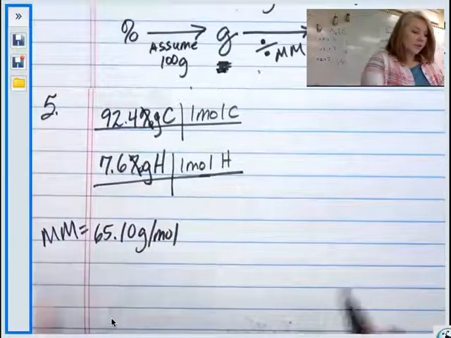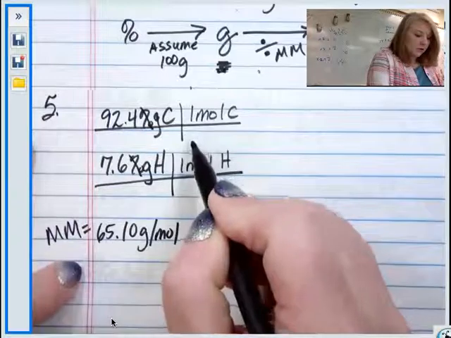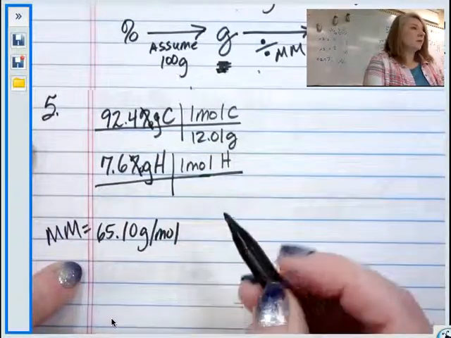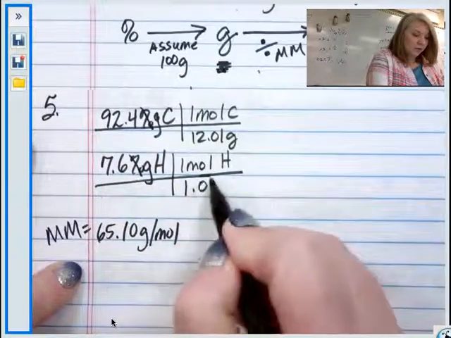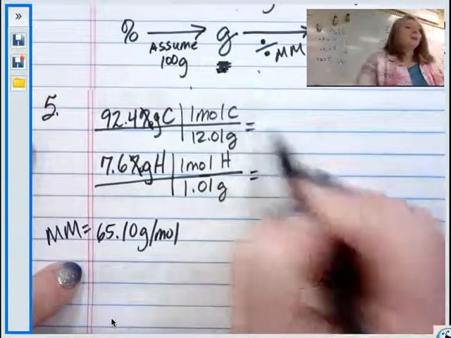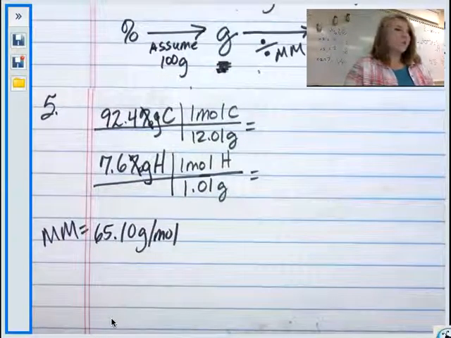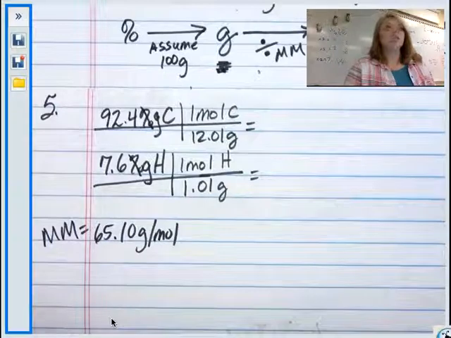All right, what do you have, Gracie, for carbon? 12.01. And Kyler, what do you have for hydrogen? 1.01. Very good. Okay, so let's do our math. Justin, when you get carbon's moles, tell us what you got. Gunnar, when you get hydrogen's number, tell us what you got.